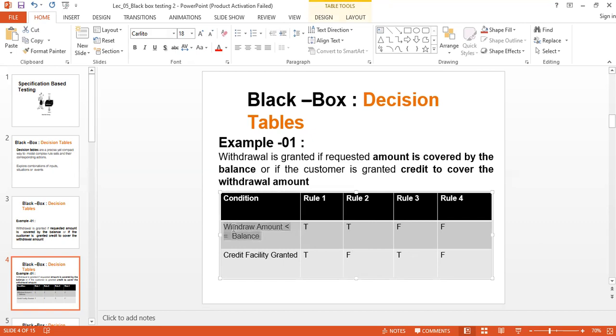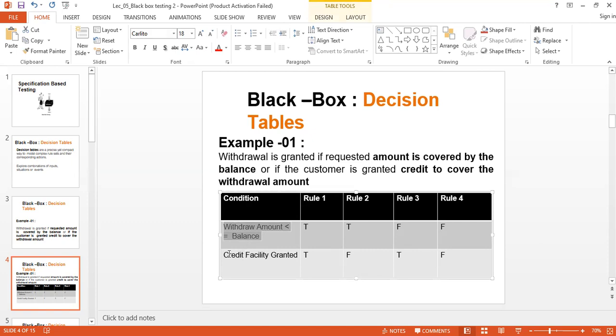So if the customer is withdrawing an amount more than the balance, it means withdrawing amount is less than or equal to balance is now false, because the customer is requesting to withdraw more than the balance value, right?